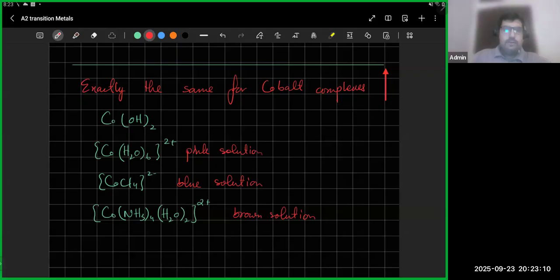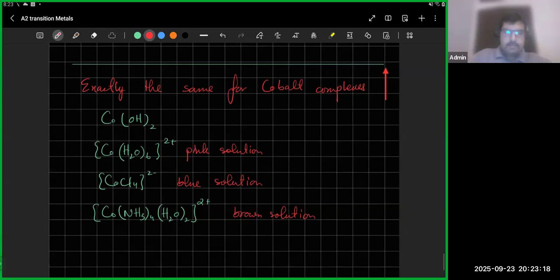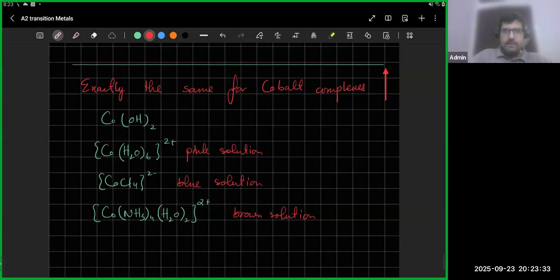And the Co(OH)2, can I just get 1 second? Let me open the latest mark scheme. With cobalt, it used to be green, but the recent one wrote blue precipitate.